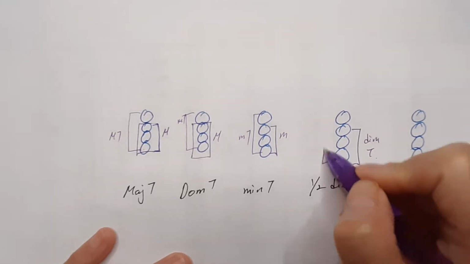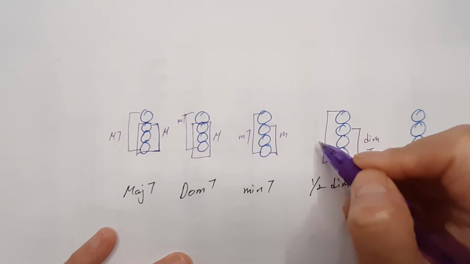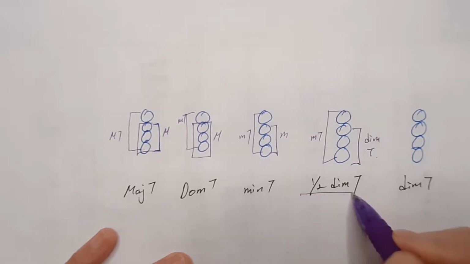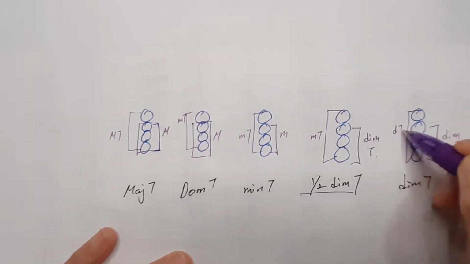And from root to the top is what? What do you think? Is it major, minor, or diminished seven? It is minor seven because it's half diminished. Okay? For the full diminished, we have diminished triad plus diminished seven.